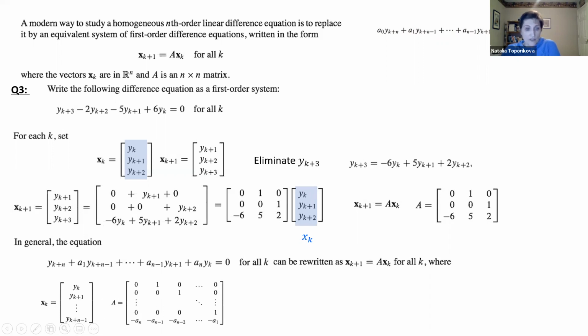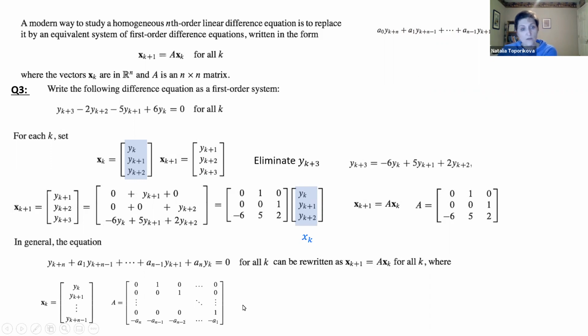And our matrix A will have in the bottom line the coefficients a, and all the lines above will have zeros except for the ones in the appropriate column relevant to the position of our coefficient.